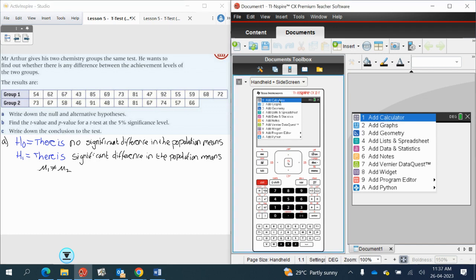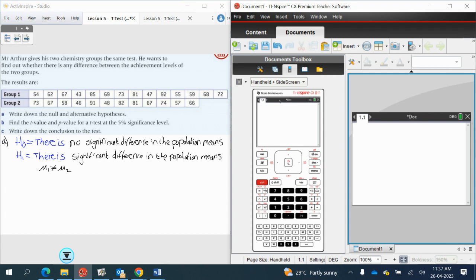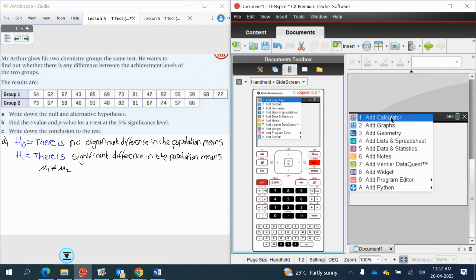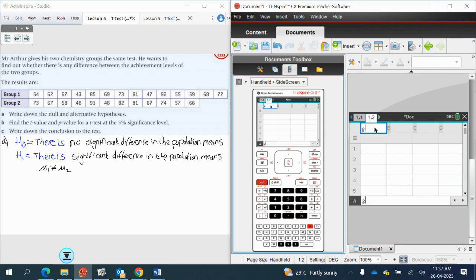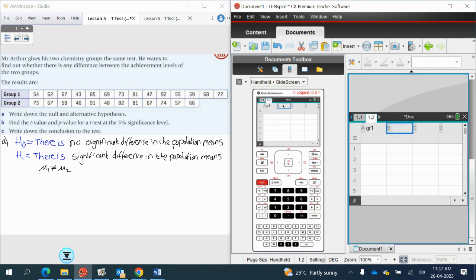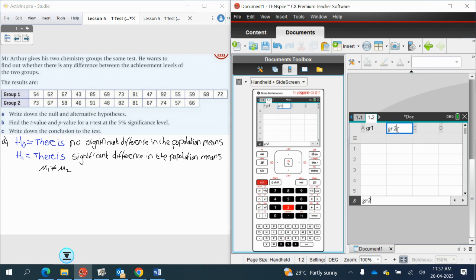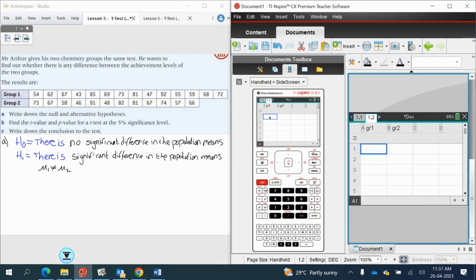So we'll add a calculator. We'll use that in a minute, and then we'll add a list. So the first one is going to be GR1, group 1, and the second one is going to be GR2. Then we just type our data in.